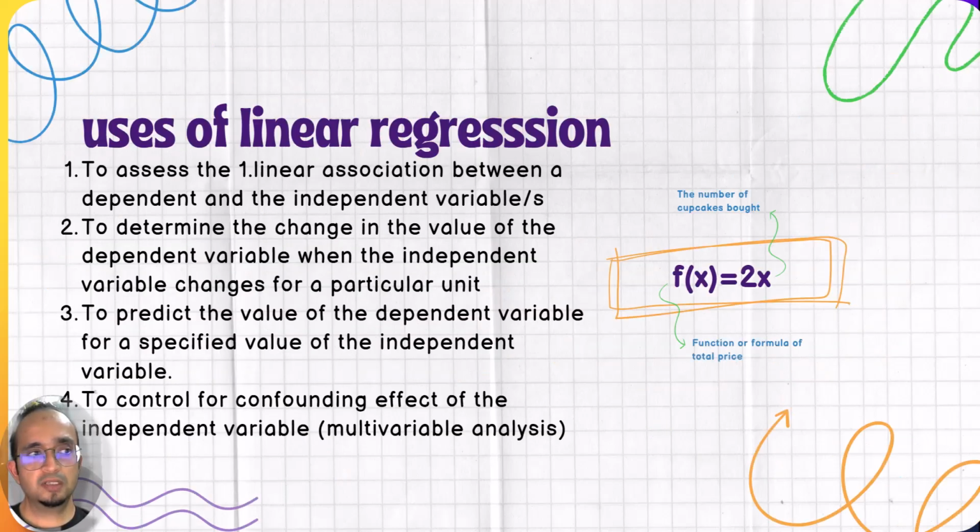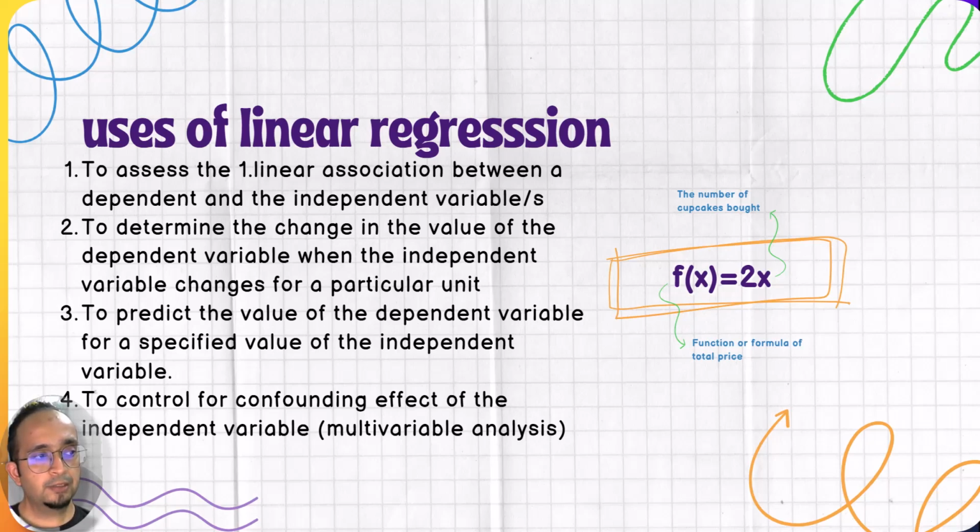I have listed four uses of linear regression. First, we can assess linear association between the dependent variable and independent variable. Then we can determine the change in value of the dependent variable when the independent variable changes by a particular unit.